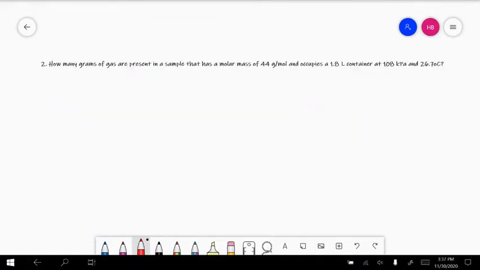Okay, let's do number 2 together now. It says how many grams of gas are present in a sample that has a molar mass of 44 grams per mole, occupies a 1.8 liter container at 108 kilopascals and 26.7 degrees Celsius. So let's write that all down. Grams is a mass, so what we're solving for is the mass in grams.